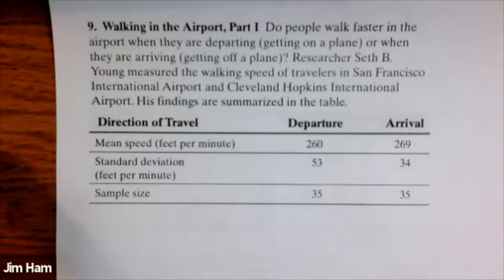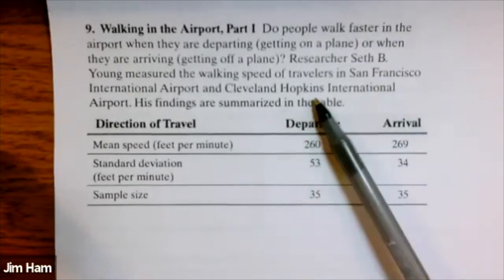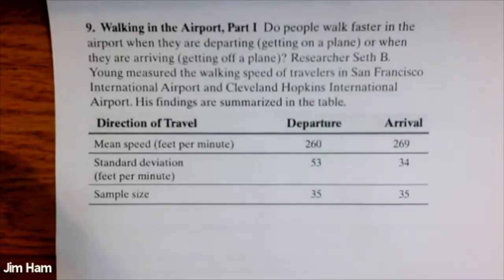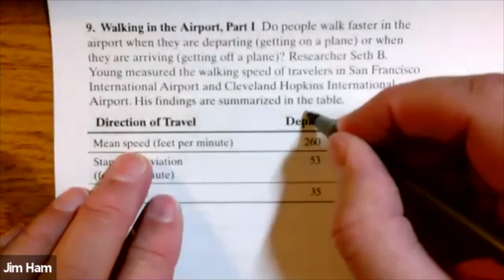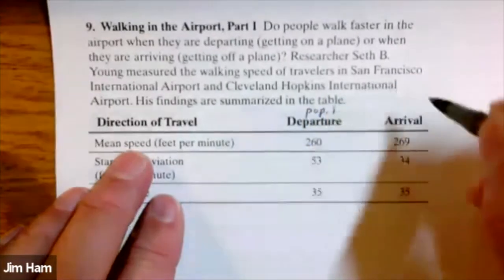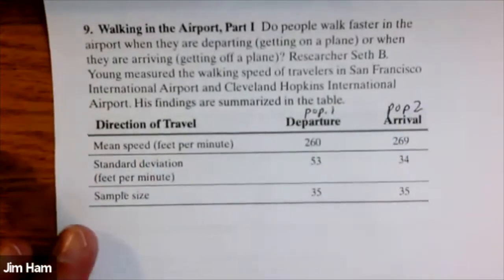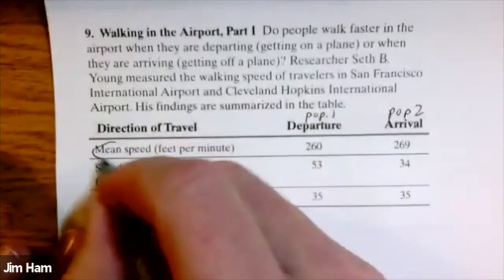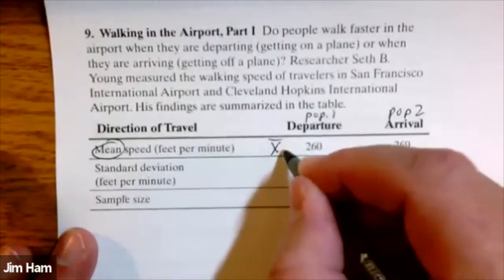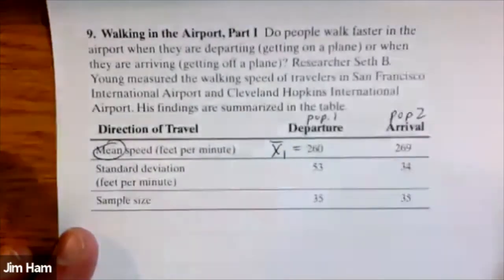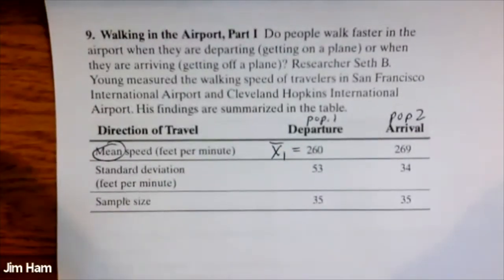And this was data collected in San Francisco and Cleveland airports. There they are. All right, so I'm going to call this population 1 and this population 2. If we just use our variables, the mean is x bar. So x bar 1 is in feet per minute.